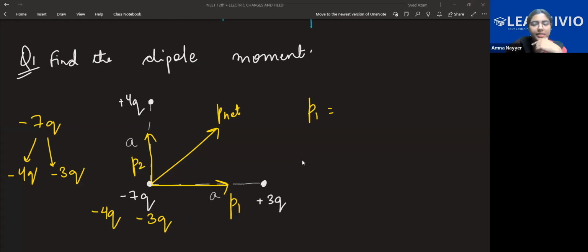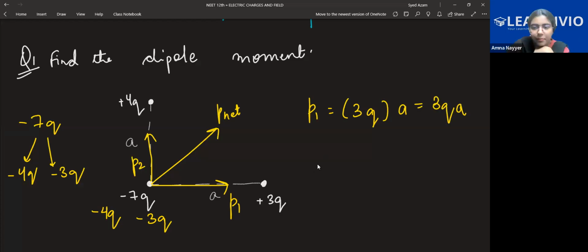When we discussed dipole moment in the class, I told you we take the magnitude of the charge. So even if minus 3 is given to us, we'll take 3Q only, because we have to consider the magnitude only. It's like you have minus 3Q and plus 3Q separated by A, multiplied by A. So this will be 3Q into A.